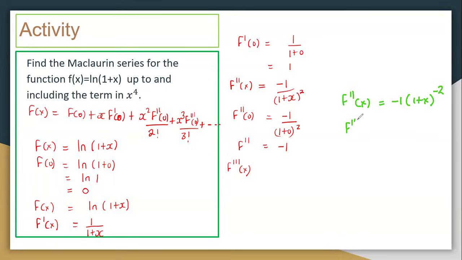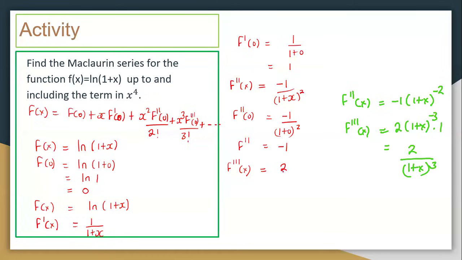So if I'm to get f prime prime of x, I will drop the power, I'll get 2 into 1 plus x. Then I reduce the power by 1, which is negative 3, times what is inside. So I'm going to end up with 2 out of 1 plus x, everything power 3. So that is our derivative.